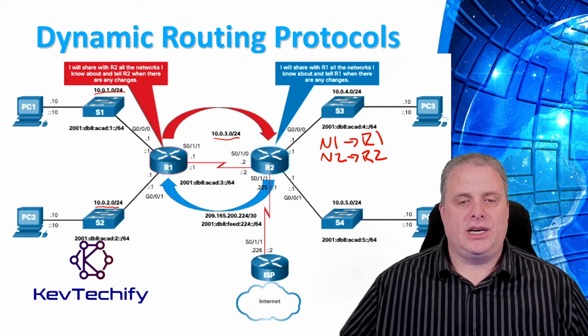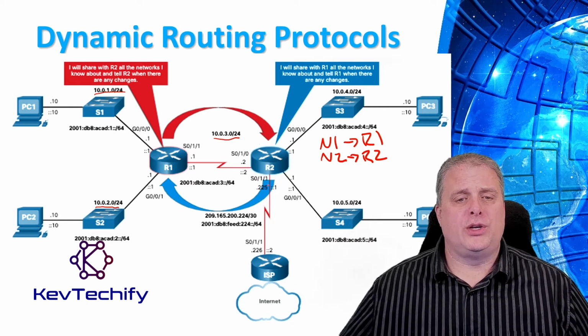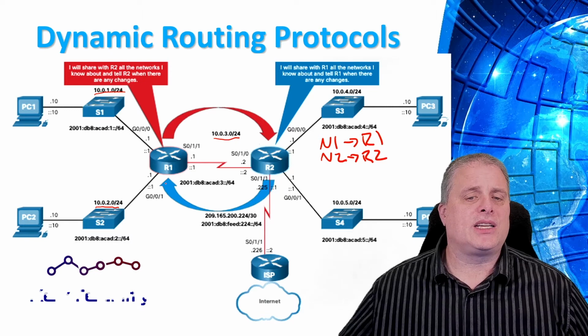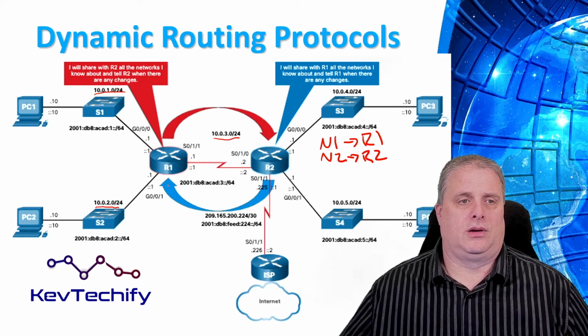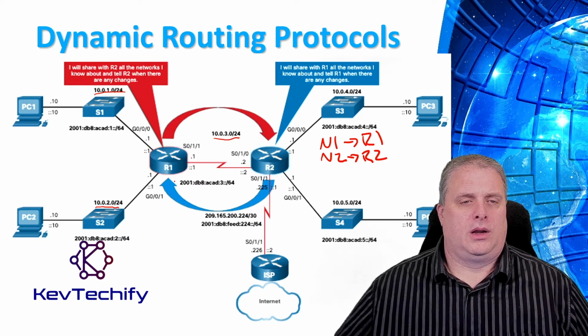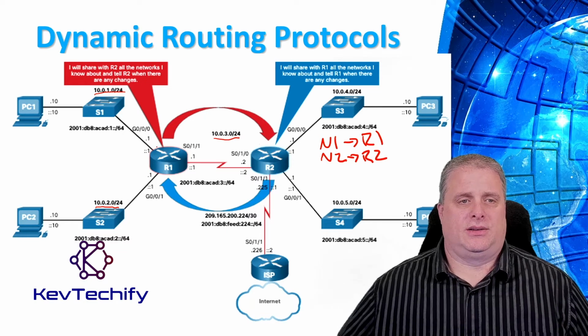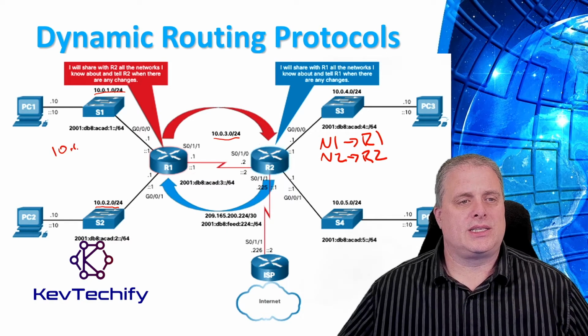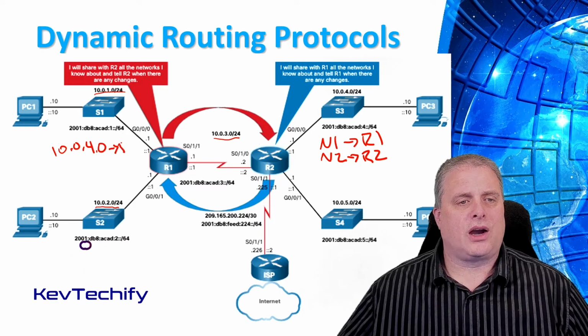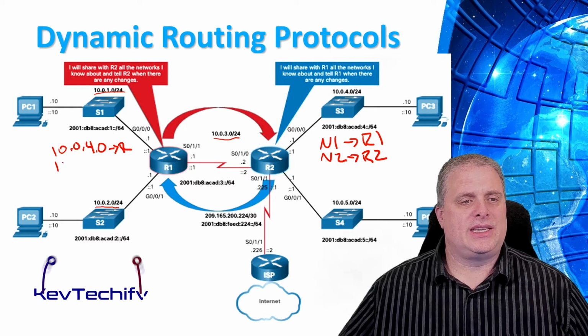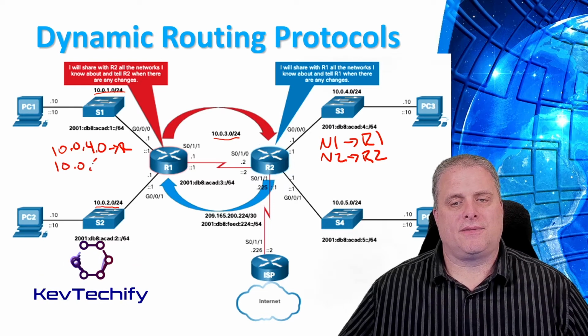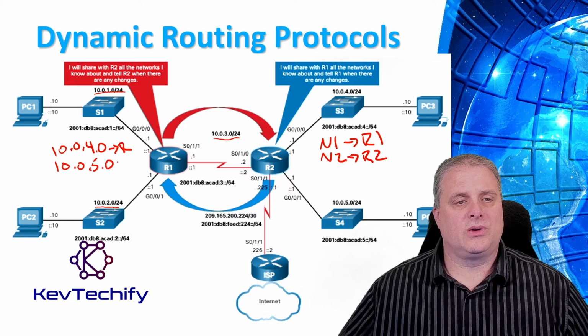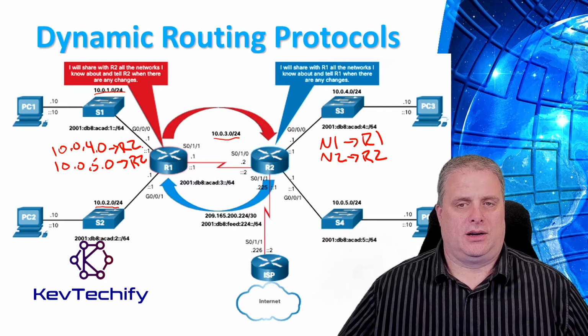Same thing happens here with R2. R2 shares the information back to R1. And it adds in that to get to the 10.0.4.0 network, I have to go through R2. To get to the 10.0.5.0 network, I have to go through R2 to get there.